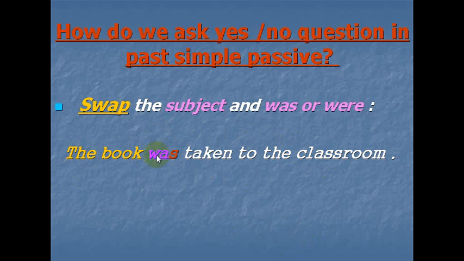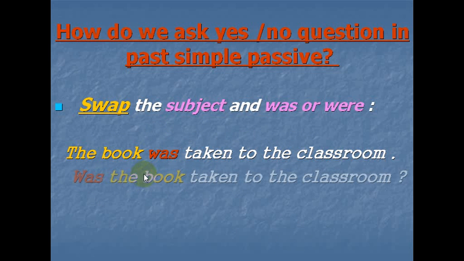Swap the subject and verb to be. The book was, it will become was the book. Was the book taken to the classroom? And of course put a question mark at the end to make it a question. The rest of the sentence, taken to the classroom, stays as it is.